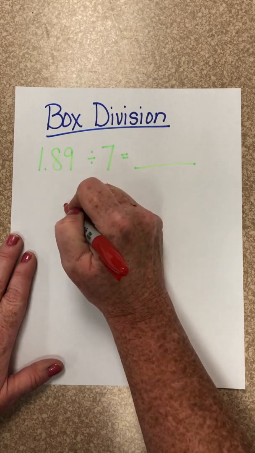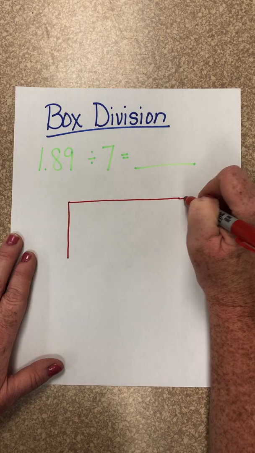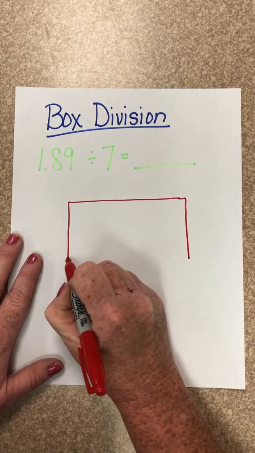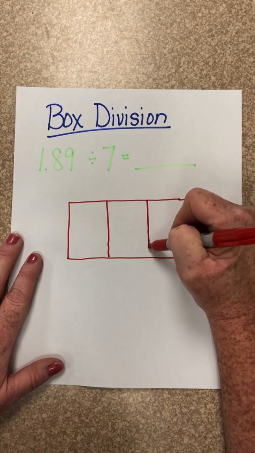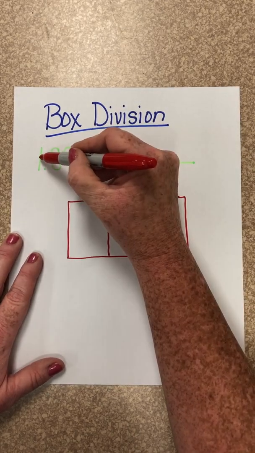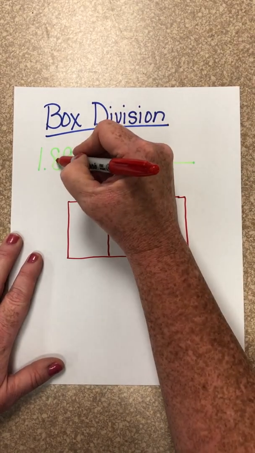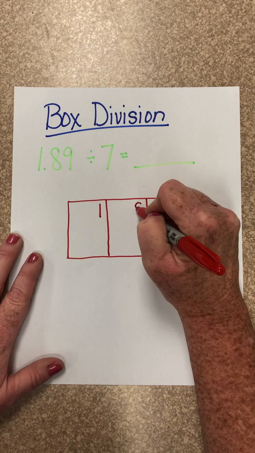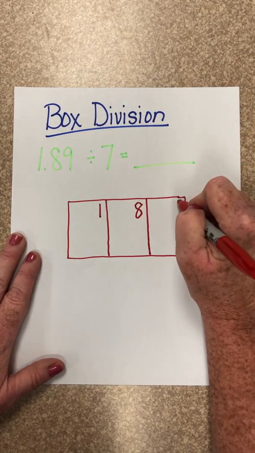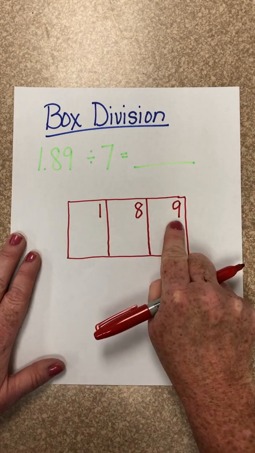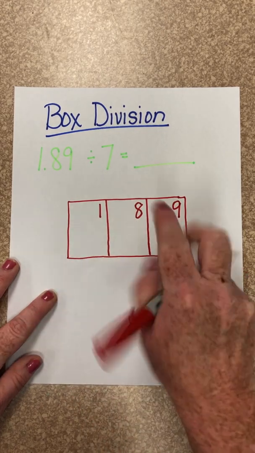So I'm going to make my box have 3 columns. The first digit will go in the first column. The second digit goes in the second column. And the third digit goes in the third column. This is your dividend. The divisor goes on the left side of this row.